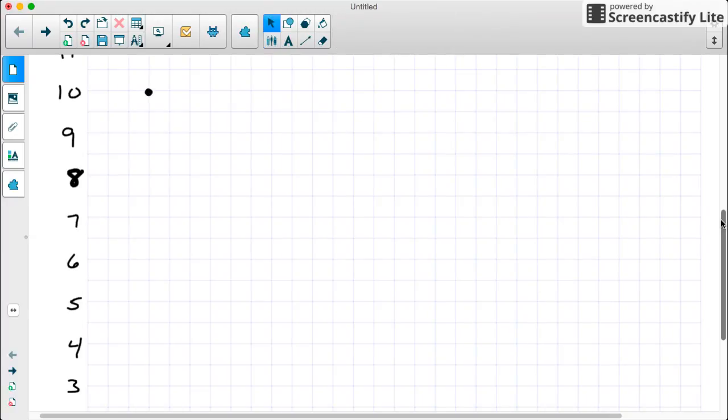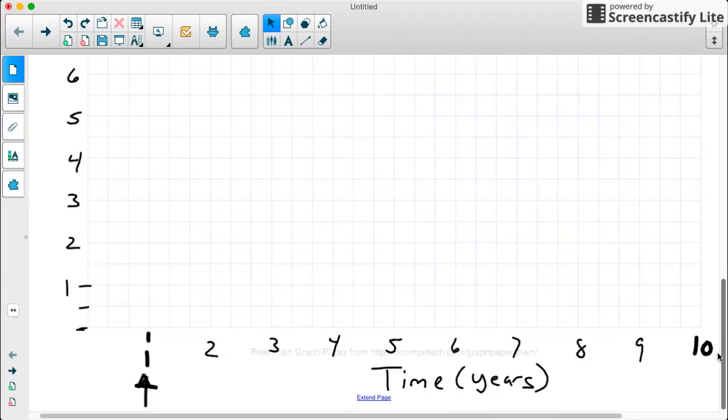If you look at year 2, which gets tough when it's on the smart board, year 2 would be 3 lines over, and I'd have to work up this way and find 19 individuals.